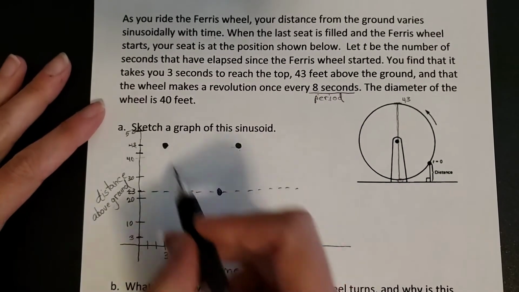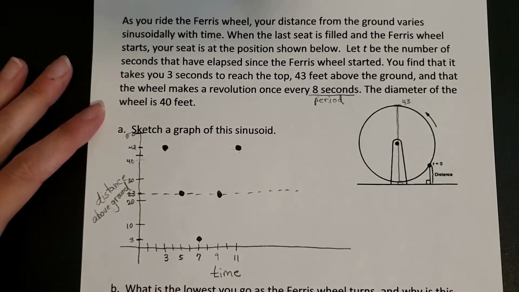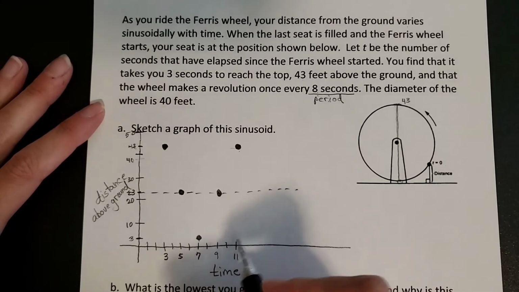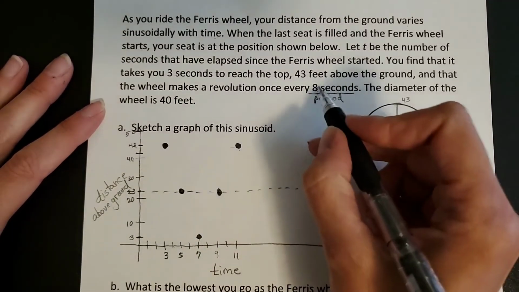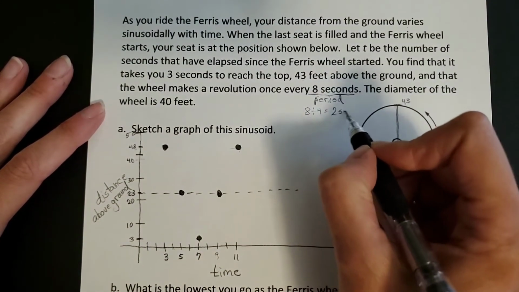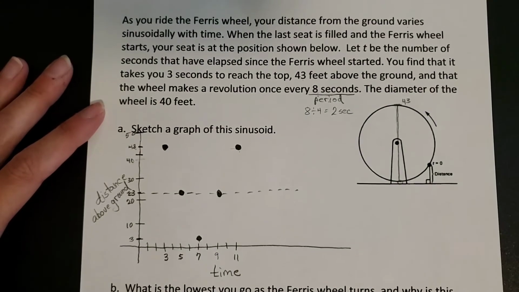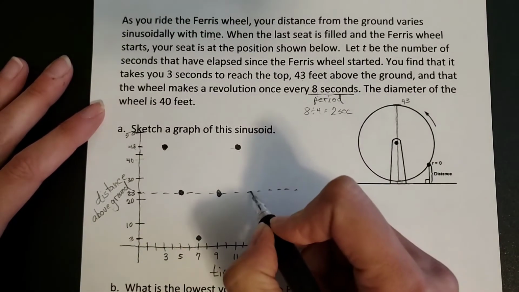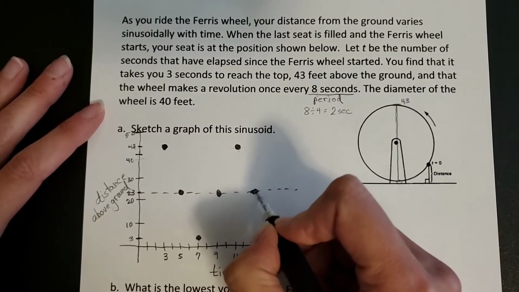And I could keep graphing this function. Notice every quarter point occurs every 2 seconds. And that's because 8 divided by 4 is 2. So every 2 seconds, there's a quarter point. So at 13 seconds, I would be back at a 0.